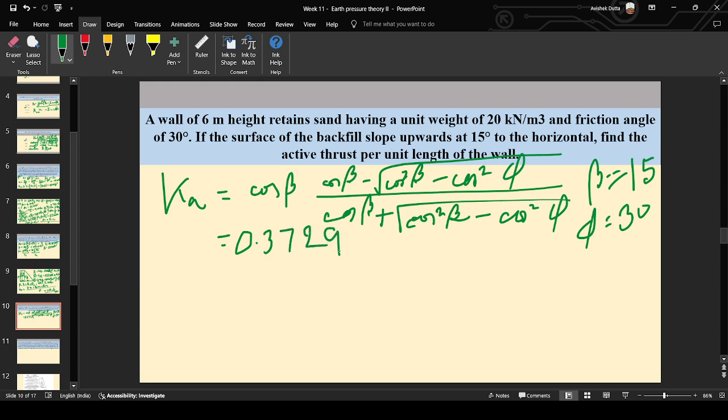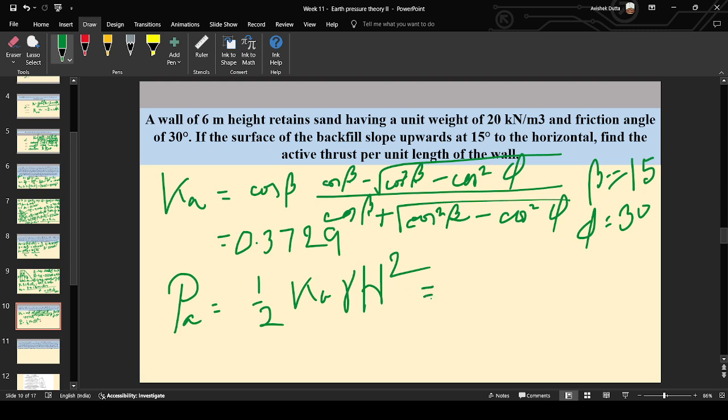Now we are asked to find the active thrust per unit length of the wall. It is sand, so no cohesion. So the formula is half into Ka into gamma h square.